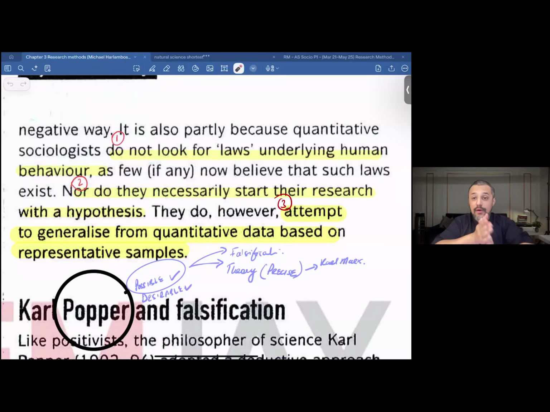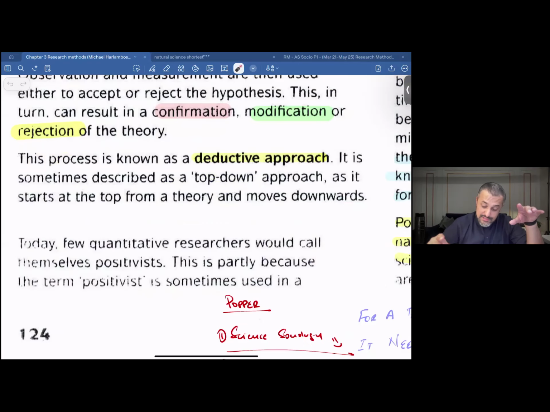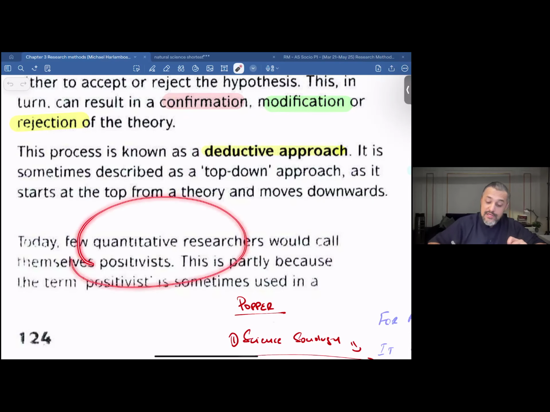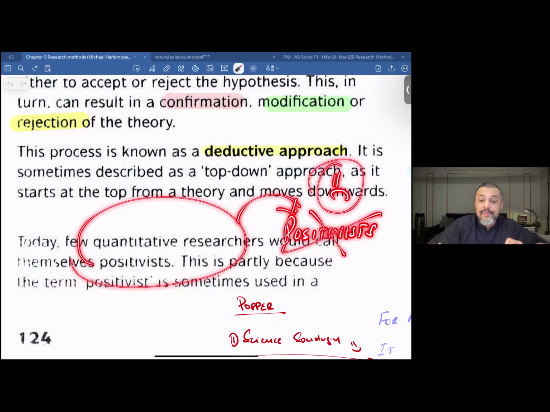Now, remember, we have always talked about how positivists support the idea of using quantitative methods. So the line that I just read says, today, few quantitative researchers, we're using the word quantitative researchers, call themselves positivists. Nowadays, quantitative researchers often don't call themselves positivists because they don't believe that eventually we would be able to have laws on human behavior.